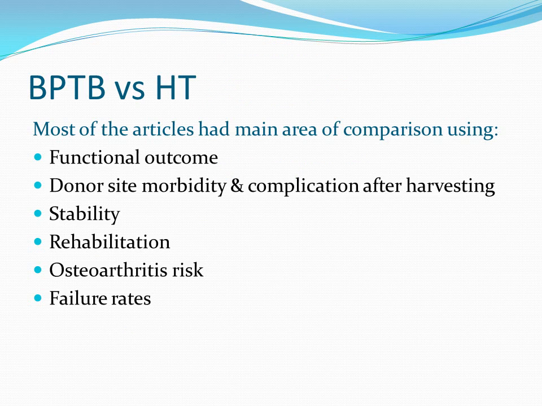BPTB versus hamstring tendons. Most of the articles had the main area of comparison using functional outcome, donor site morbidity and complications after harvesting, stability, rehabilitation, osteoarthritis risk, and failure rates.